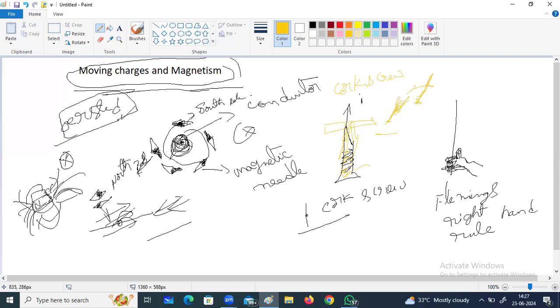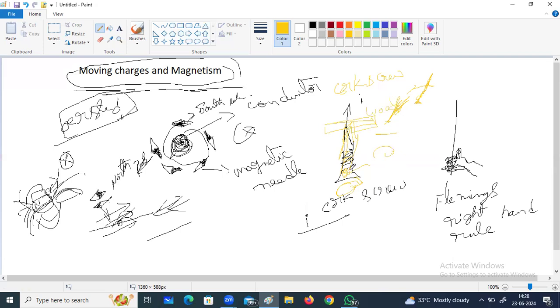You turn it in a clockwise direction. This is the corkscrew. If you turn it like this, in a clockwise direction, the corkscrew goes into the wood.